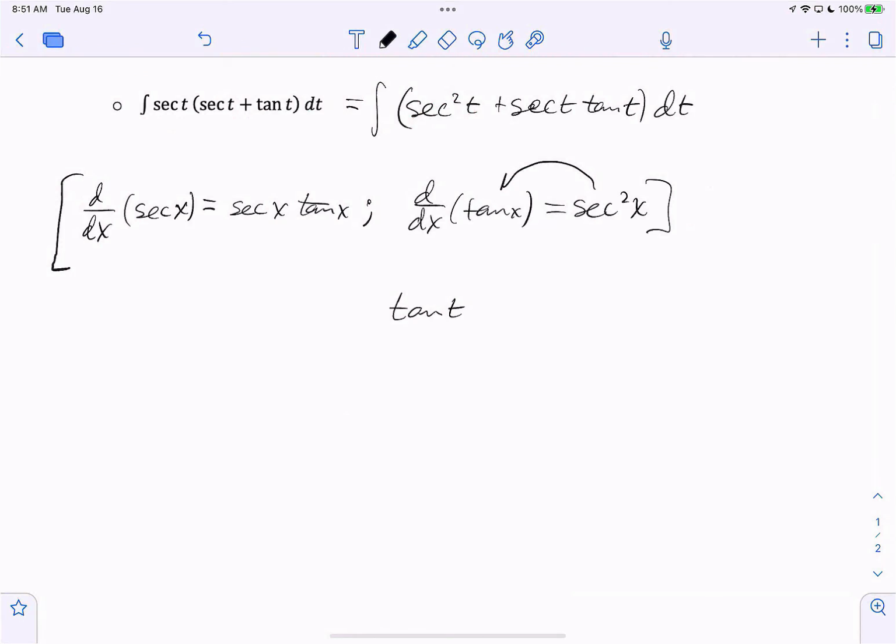I'm using the differentiation rule for the tangent in reverse. Likewise, when I need to anti-differentiate the secant of t times the tangent of t, I'm going to use in reverse the differentiation rule for the secant. So my answer is the tangent of t plus the secant of t. Don't forget the constant of integration.